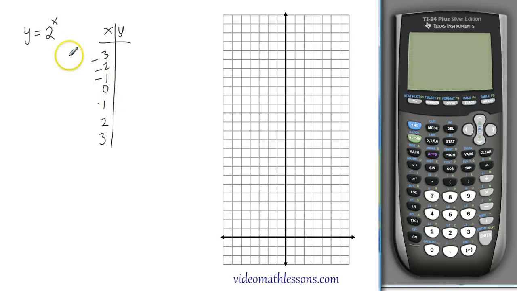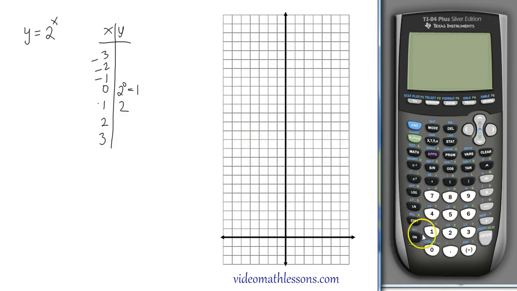This is a pretty easy one, so I could just use my brain and say, well, 2 to the 0 equals 1, 2 to the first equals 2, and so on.